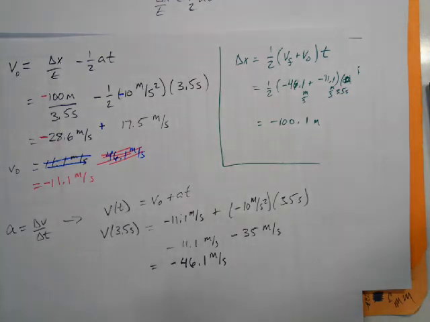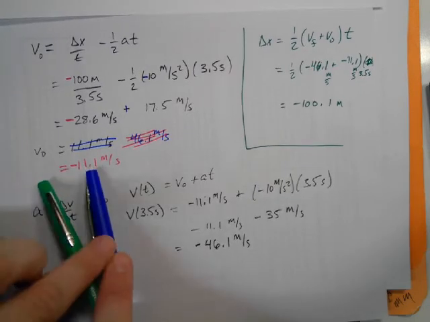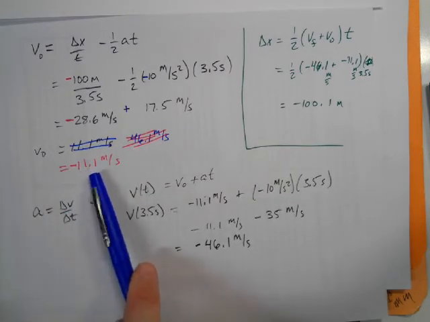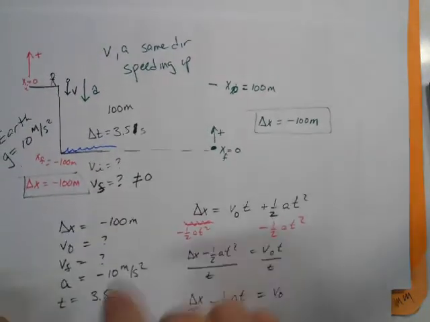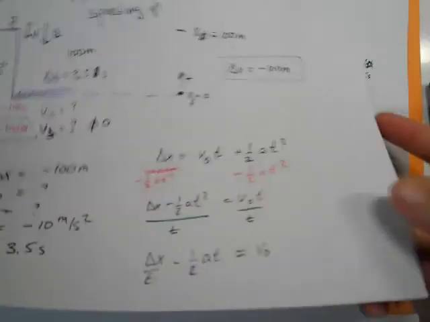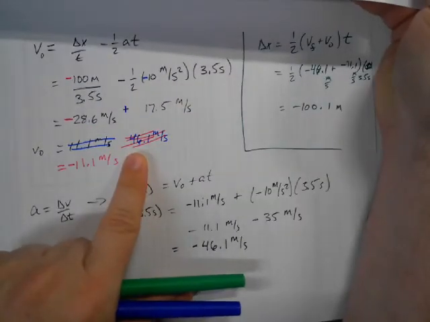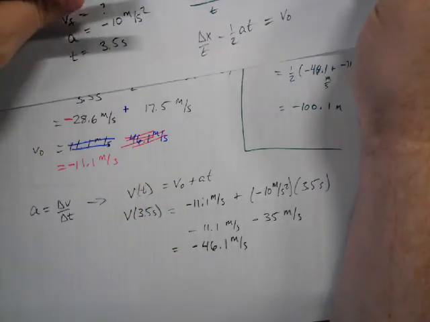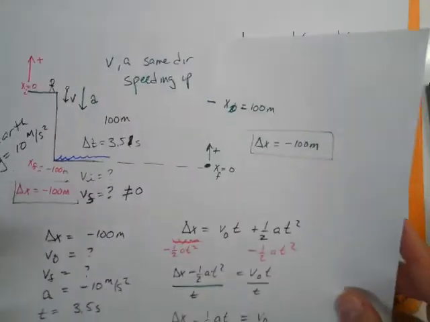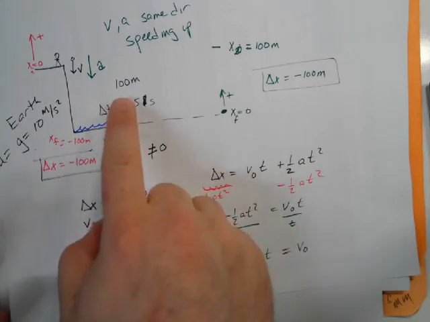It makes sense. We're not throwing the rock 100 miles an hour. We're throwing it 25 miles an hour. And that makes sense. You can check if we threw an object at 46 meters a second, it should take no more than 100 divided by 46 seconds.